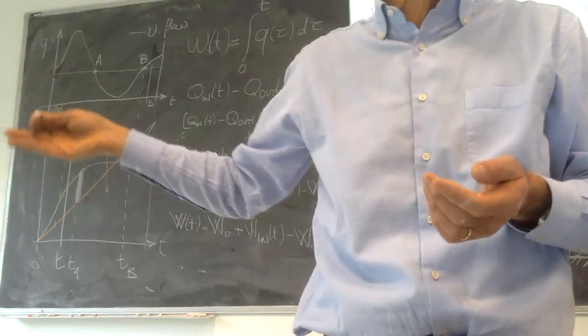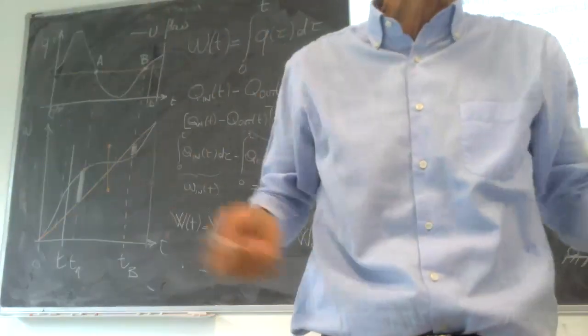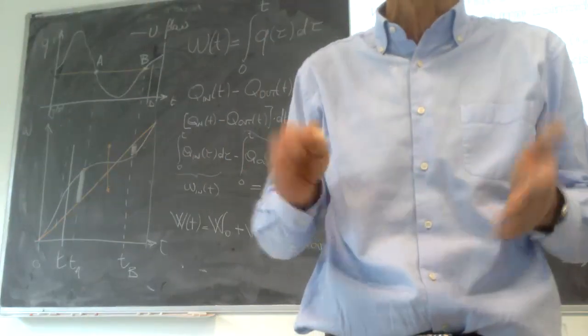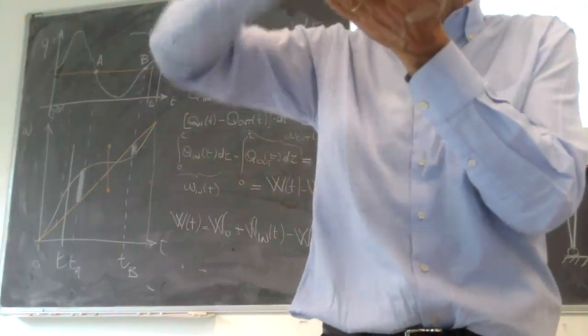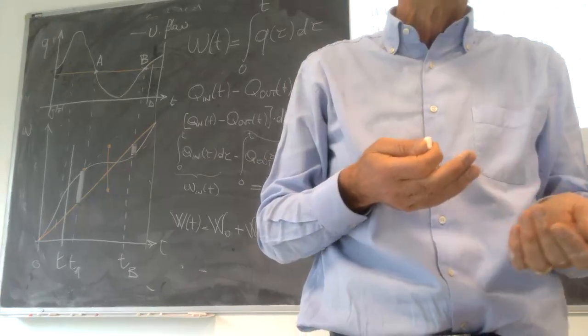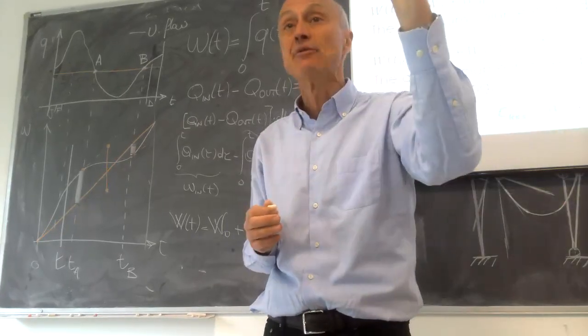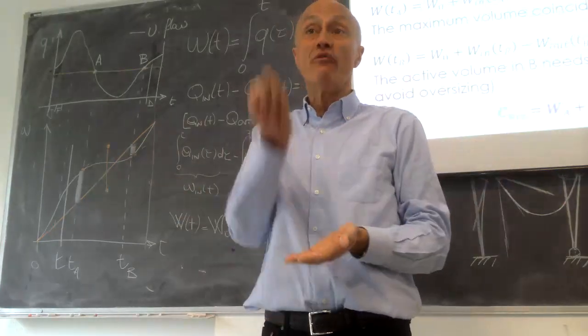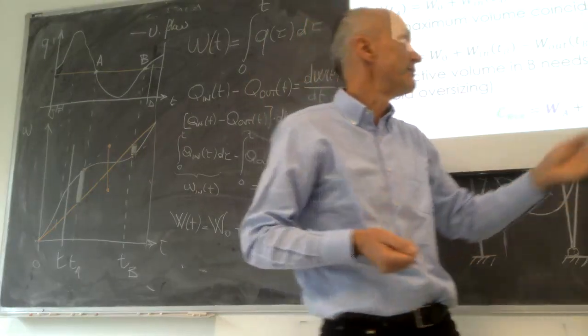Maybe there is some volume left for touristic events, but concerning the volume we want to use for producing electricity, it has to be at 0 at that moment. Otherwise, we are oversizing the reservoir, correct?